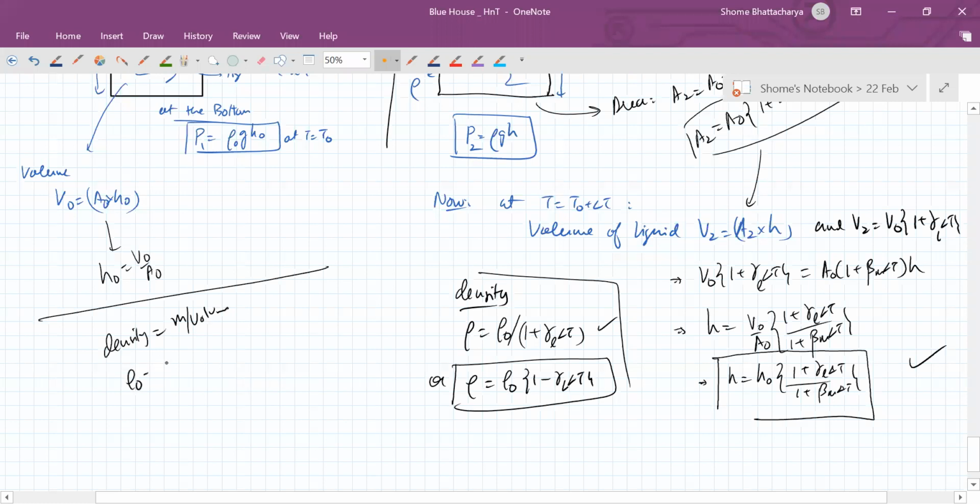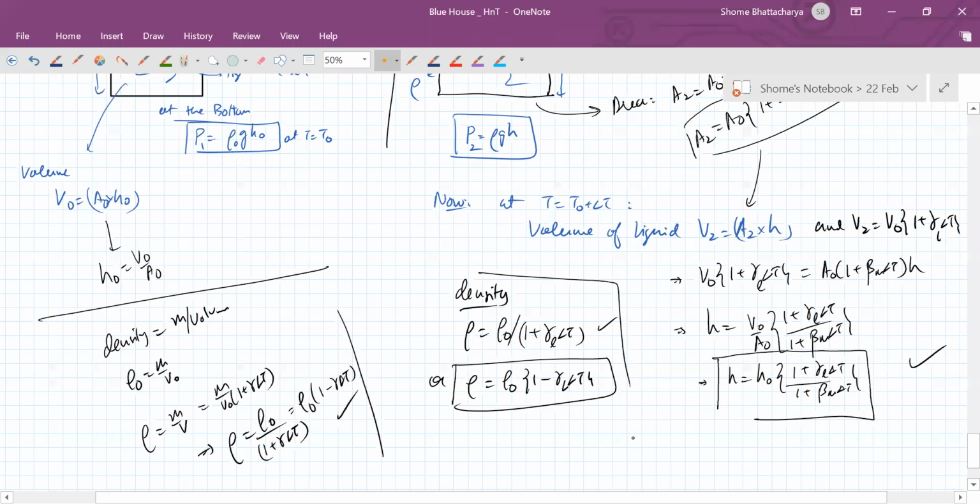So rho naught is m upon V naught, rho is m by V. That's how we get this relation. Now we bring this to the numerator with the binomial approximation method. So that's how we get this relation.